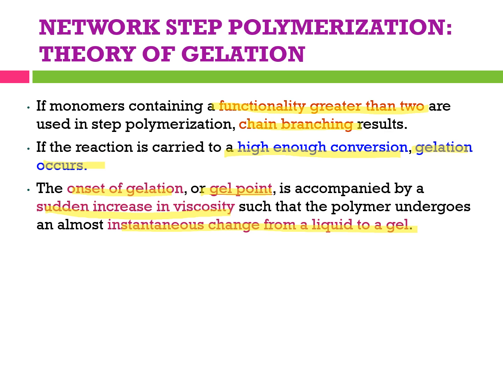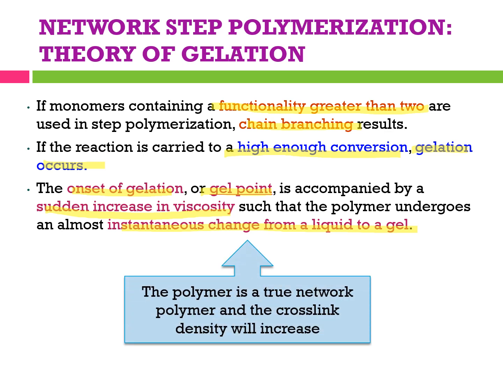So branched polymers can form links between the chains, which lead to progressively larger polymers. For a branched polymer, the polymer is a true network polymer and the cross-link density will increase. This can be seen as the increase in viscosity during the polymerization reaction.